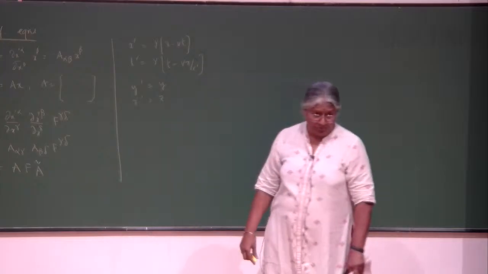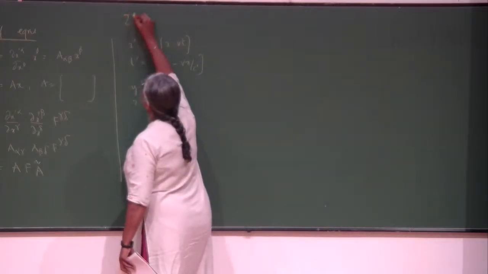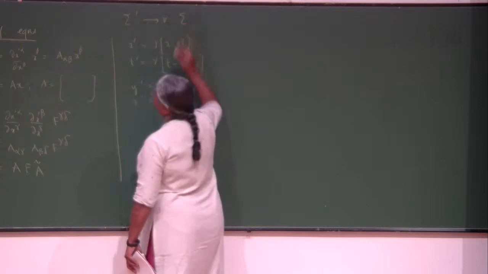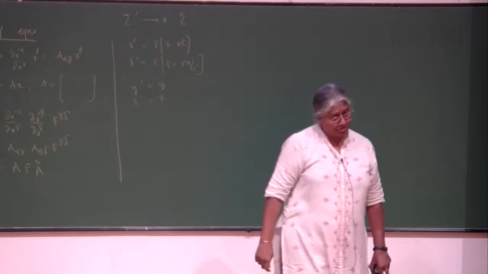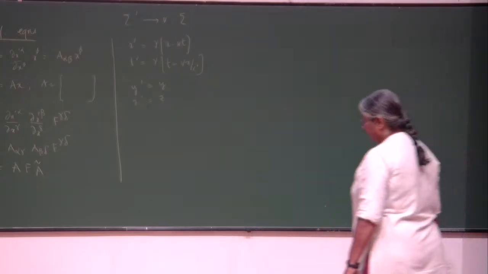So what does this refer to? In the frame sigma prime, this object is at rest and it is boosted with velocity v with respect to the frame sigma, which is the frame in which the observer is at rest, right? And these are the Lorentz transformation equations.